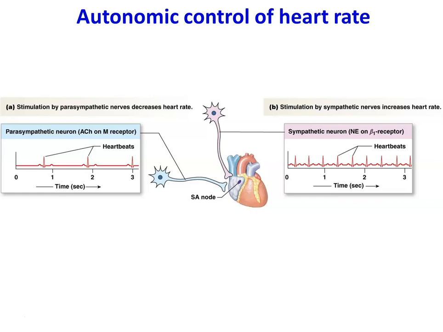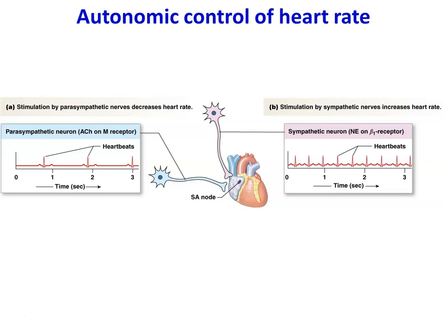Now, remember, the autorhythmic cells fire at a specific pace that is determined by the pacemaker potential via the funny channels, okay? But if we have an increased or decreased energetic demand, we need to change the speed at which the autorhythmic cells are going to fire.